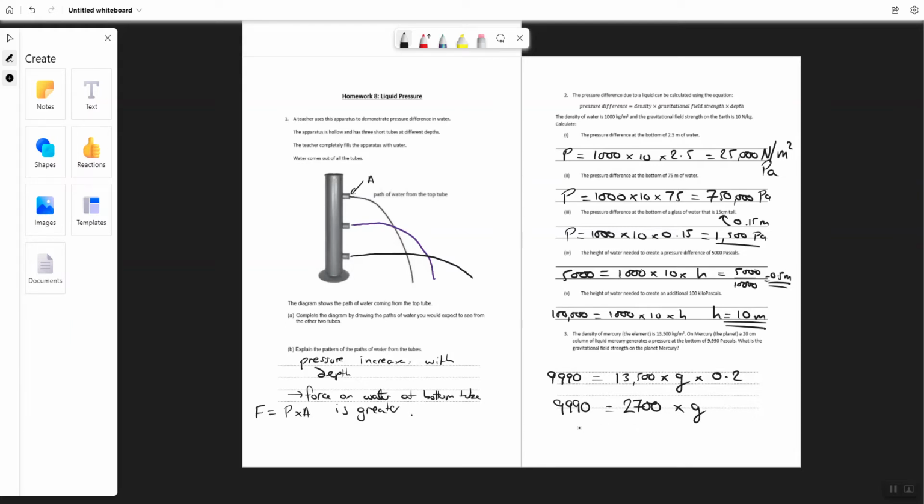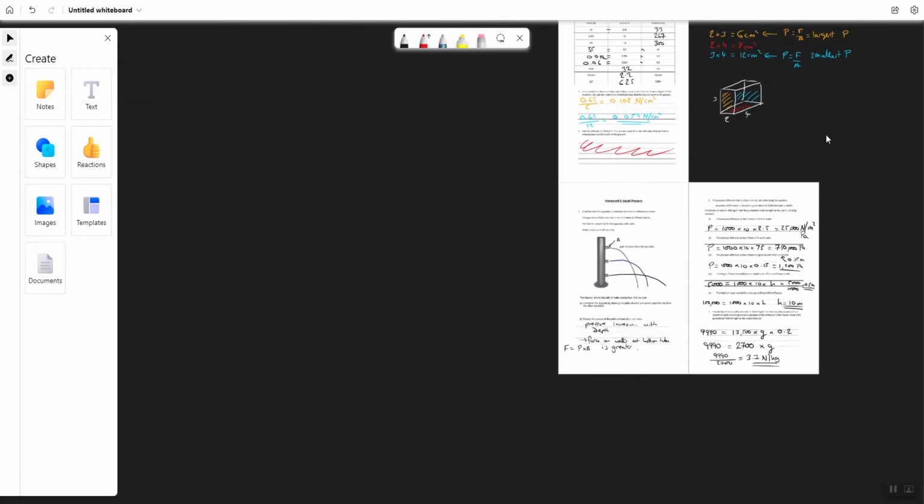So divide that through, so 9,990 over 2,700 is 3.7 newtons per kilogram. And there we go. That's how you answer all of the homework questions up to this point.